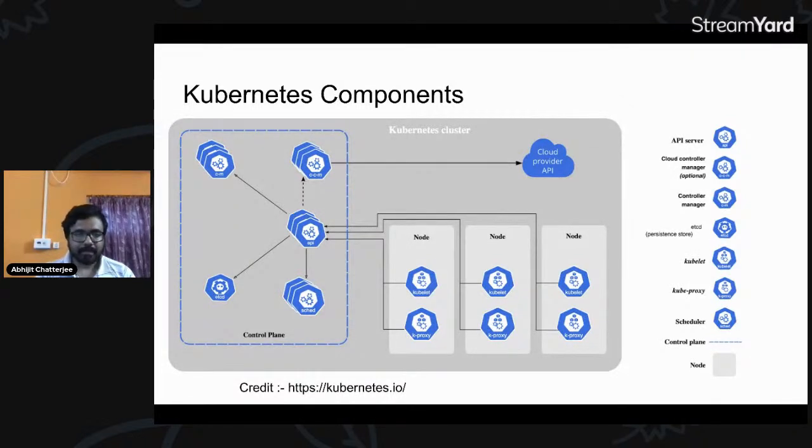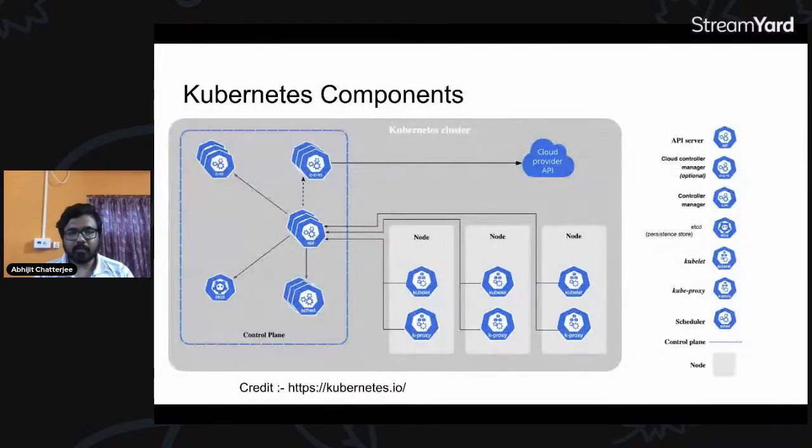Now, in the control plane, there are a lot of other dependencies, and in the next slide I will explain how Kubernetes manages the control plane. It has parts like the API server, then the cloud controller manager. This is optional; if you're using any cloud platform, then it will be a part of your cluster. Then the controller manager, then etcd. Kubernetes has to store the data somewhere, right?